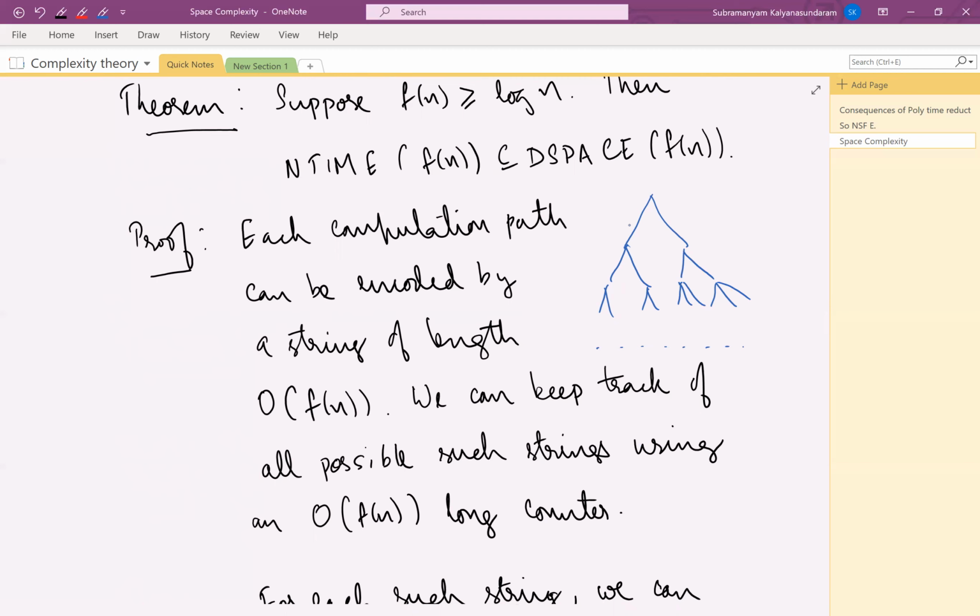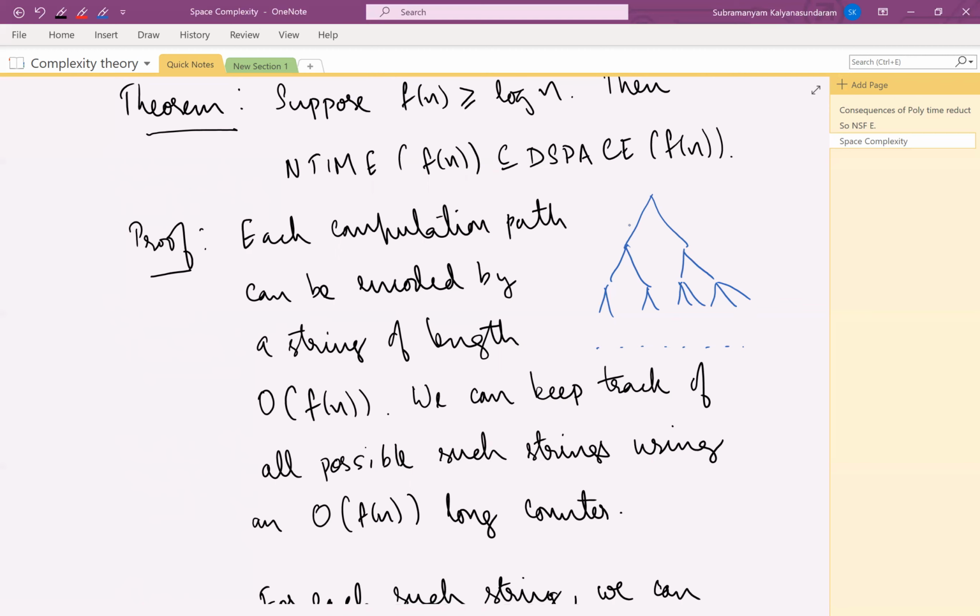Now look at the computation tree of the non-deterministic Turing machine. Given any input, there is a computation tree. And what we know is that if the string is in the language, there is an accepting path. If the string is not in the language, all paths are rejected.